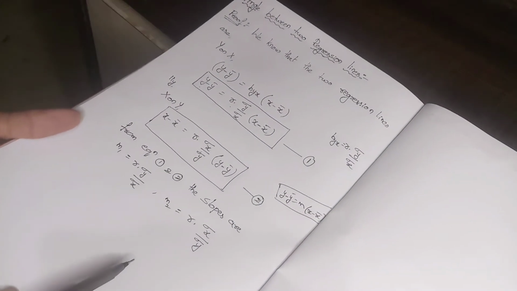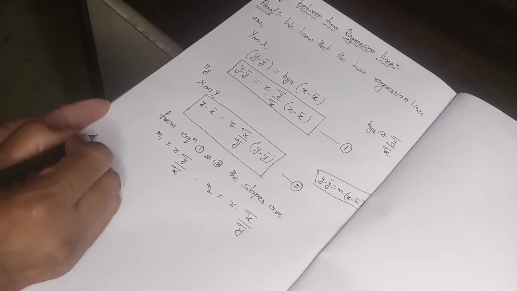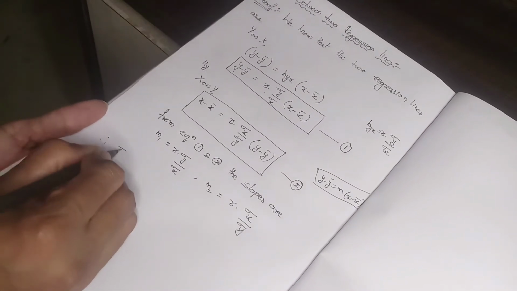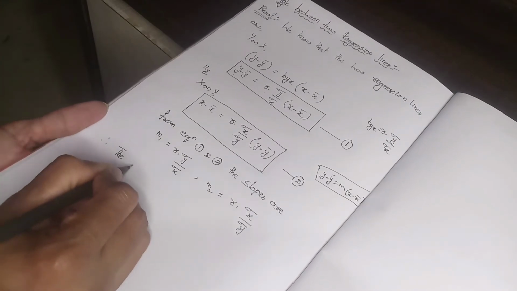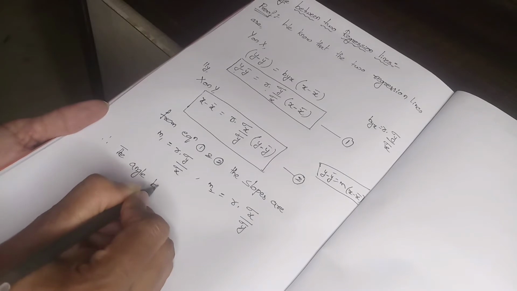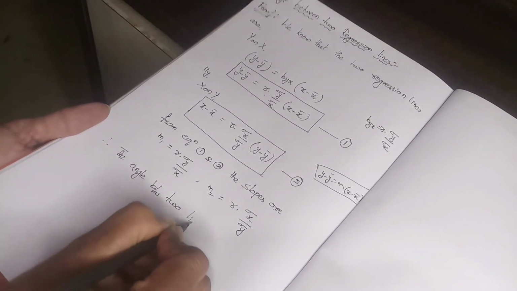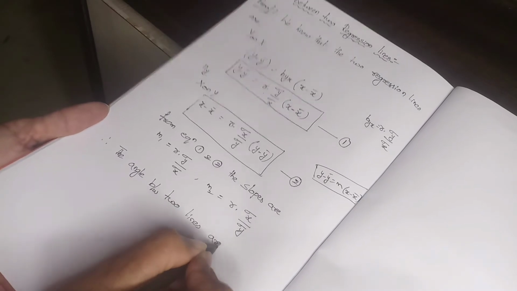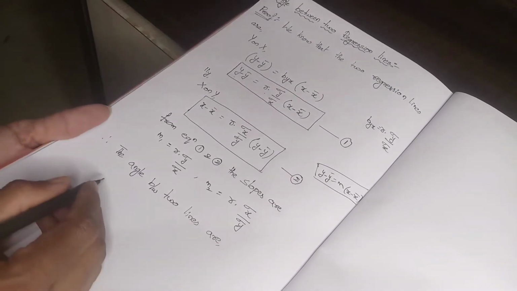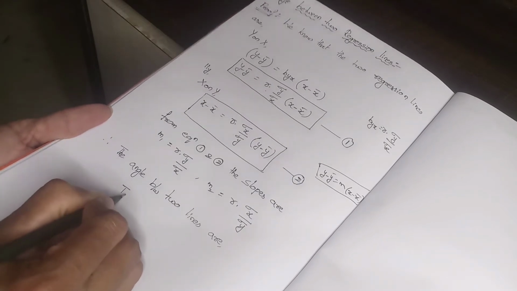Therefore the angle between two lines is given by tan theta.